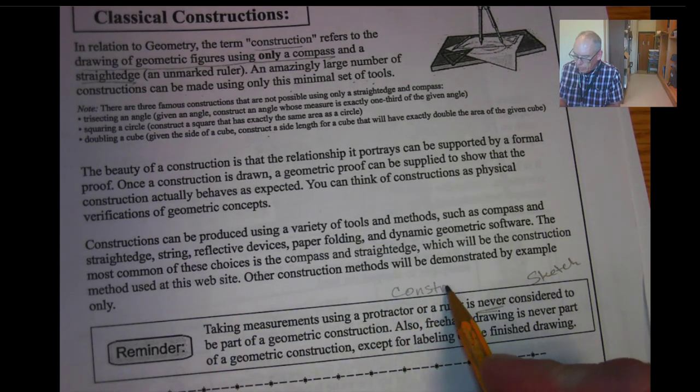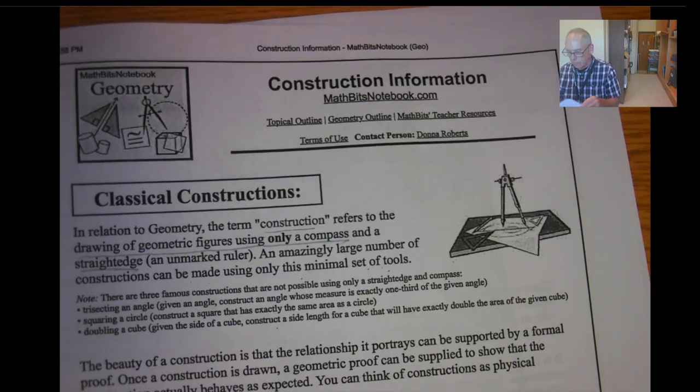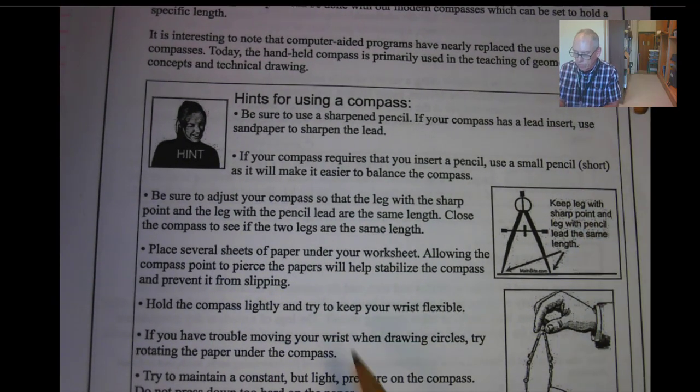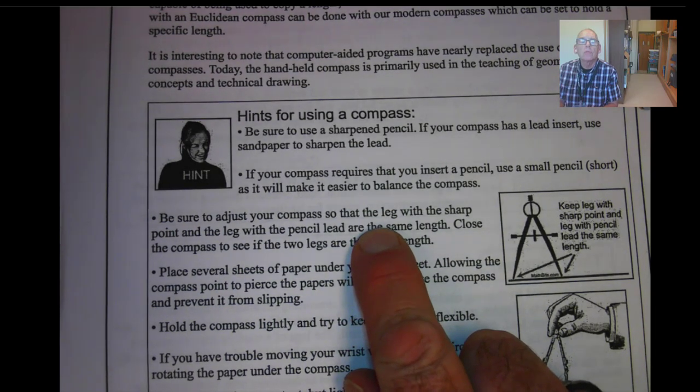If we look at the second side of the page, there are some tips on using a compass. The main thing is you want most of your pressure to be on the point of the compass. You might need a couple of sheets of paper underneath to make sure that the point doesn't slide.